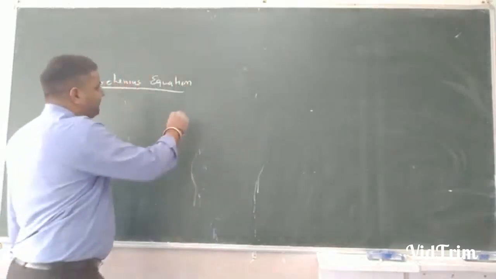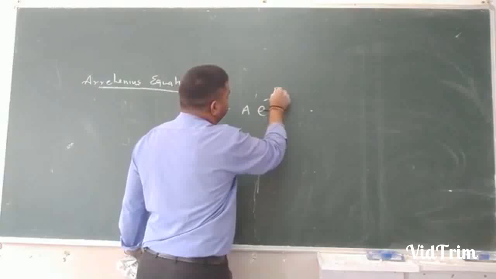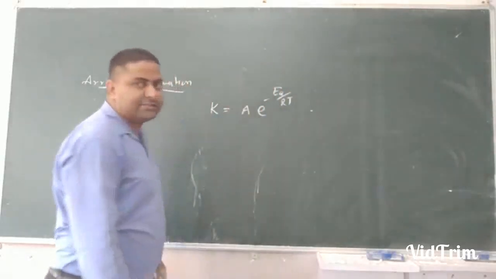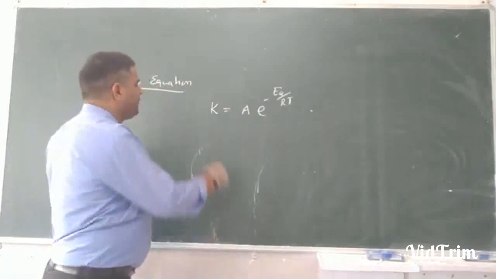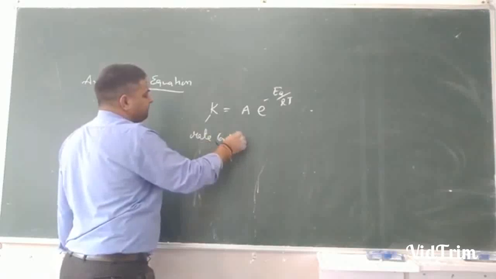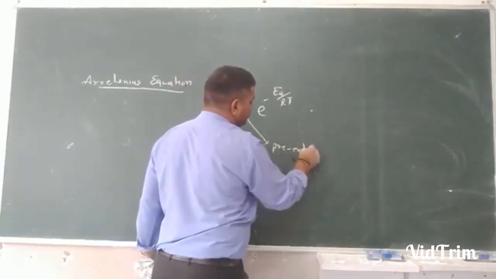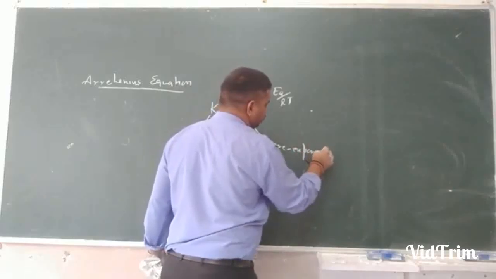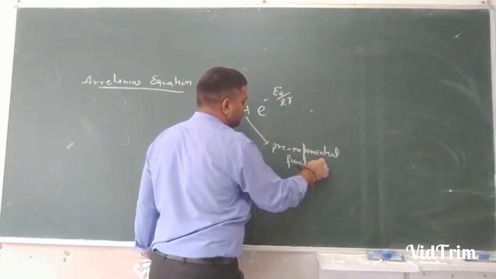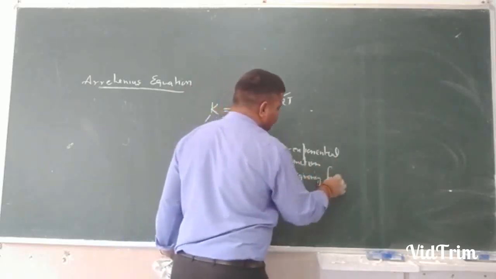So the Arrhenius equation is k = A e^(-Ea/RT). This is called the Arrhenius equation, where k is called the rate constant, A is known as the pre-exponential factor, or sometimes it is also known as the frequency factor.